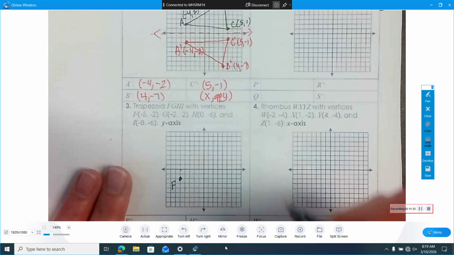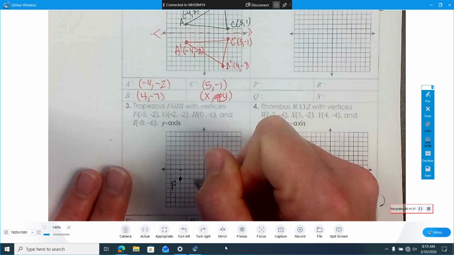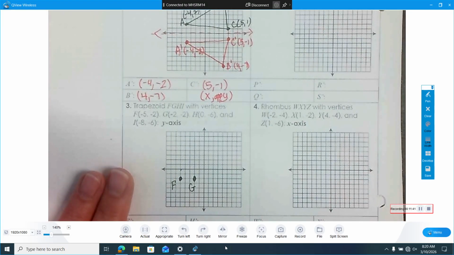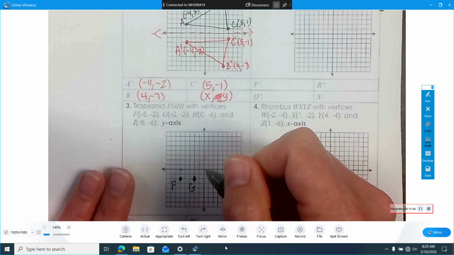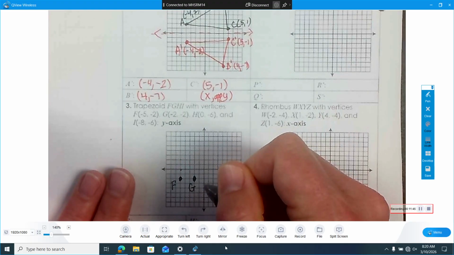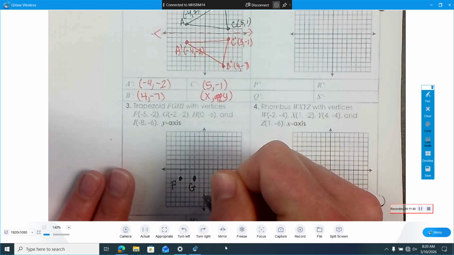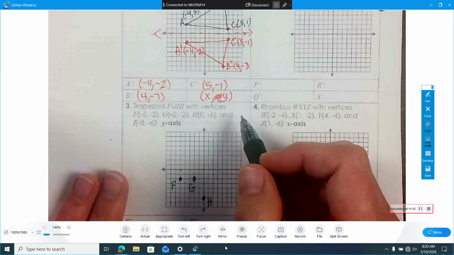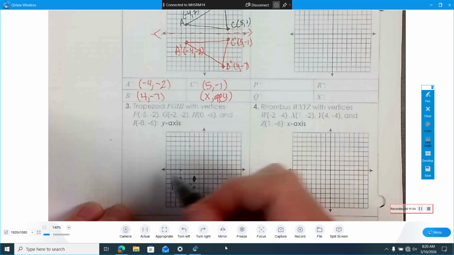F is at negative 5, negative 2. G is at negative 2, negative 2. H is at 0, negative 6. And I is at negative 8, negative 6.